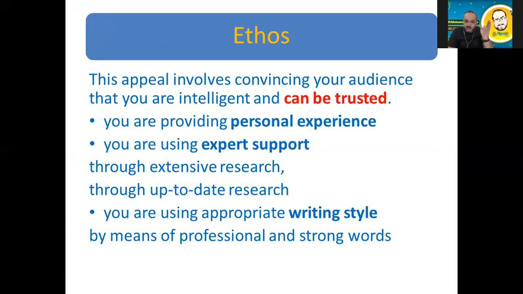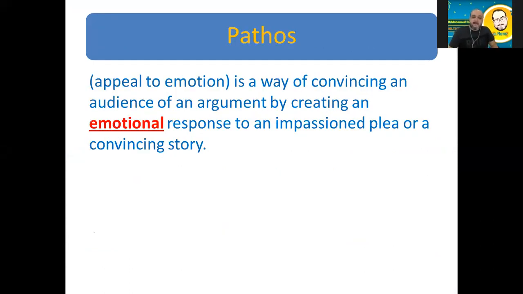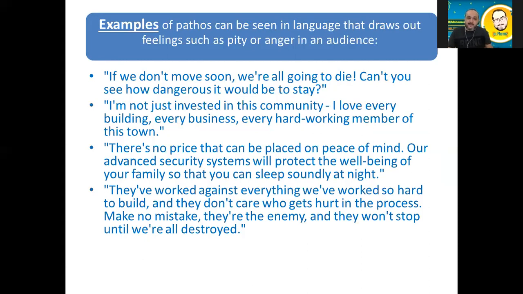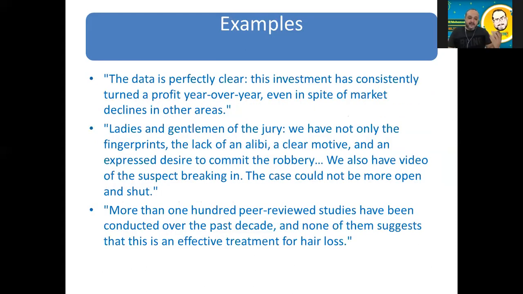Ethos, to show that the writer can be trusted by talking about your personal experience, expert support, and even your writing style should be correct, precise, and accurate. We saw some examples. Pathos, emotional appeal, addressing the reader's emotions, and then logos, mentioning facts, examples, statistics, authority, referring to famous organizations, credible organizations, deductive and inductive ways.